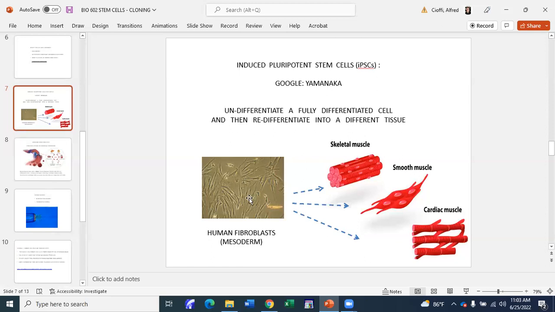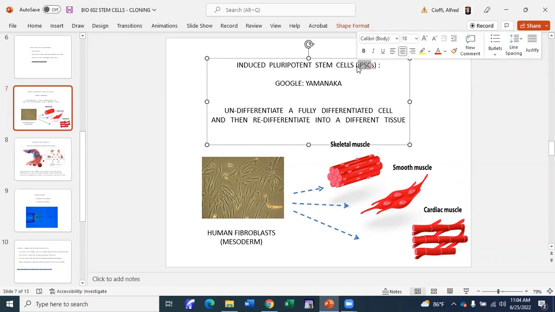Or that viral DNA could somehow affect and influence the human regulatory factors that were being used for undifferentiating the fibroblasts. So there are a number of technical things there. I understand that those issues have been worked out now, and these factors can be used safely to undifferentiate human cells and redifferentiate them again using the IPS technique.